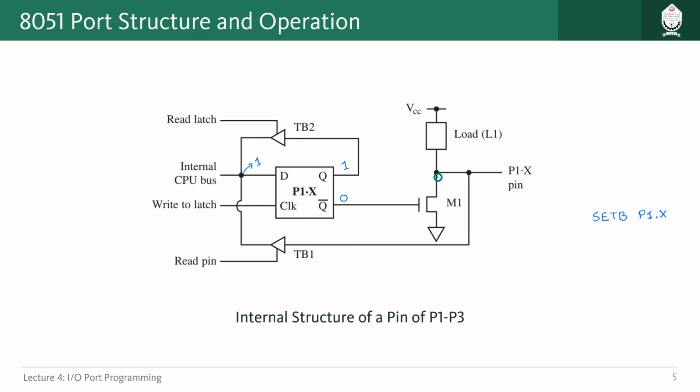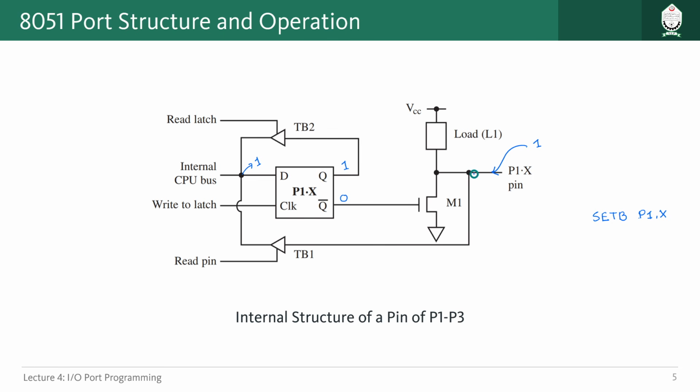If this path is essentially off, now we can connect this pin with any external source to provide input. It can be 5 volt, 0 volt, whatever. Let's say, for example, we give logic 1 here. So what will happen?